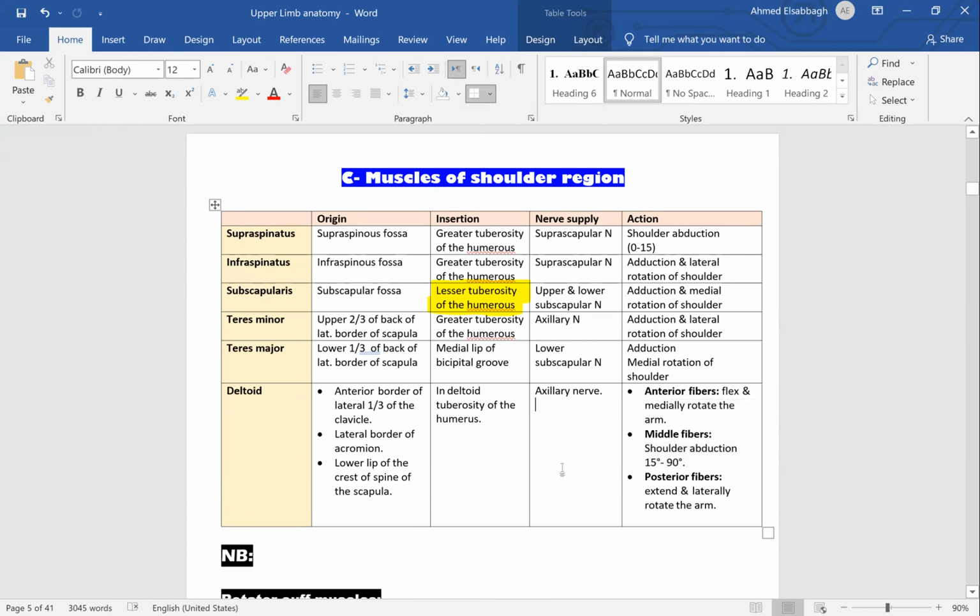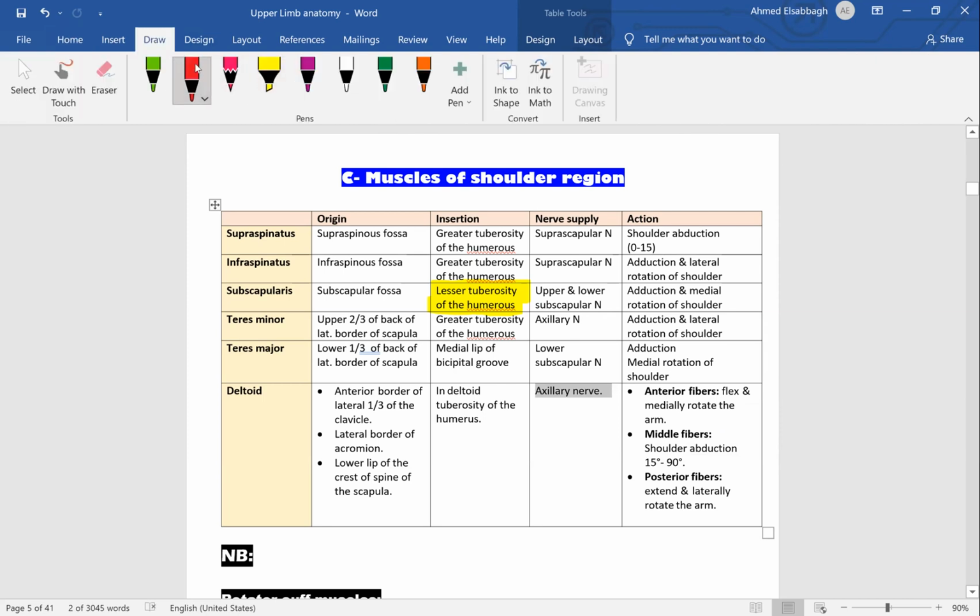So nerve supply is by axillary nerve. We have only two muscles supplied by axillary nerve, and the two muscles are extremely important for the final exam. Deltoid is the first one. What is the second one, Dr. Ahmed? Teres minor.